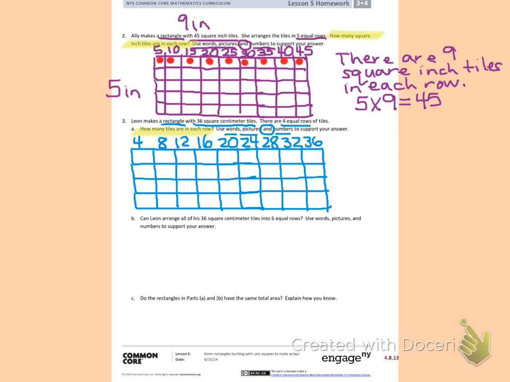Okay, I have skip counted by 4s because there are 4 squares in each of the columns. Now let's label my drawing.